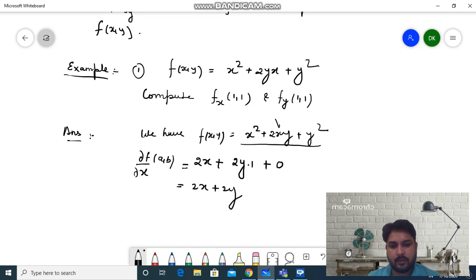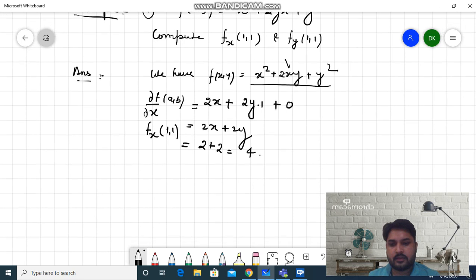Now the point (a, b) is (1, 1), so f_x(1, 1) will be equal to, putting in place of x 1, we get 2 and 2, that is 4.